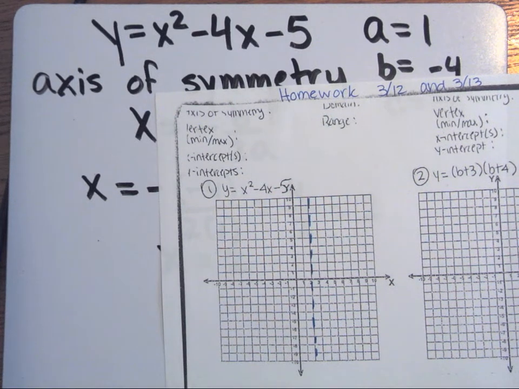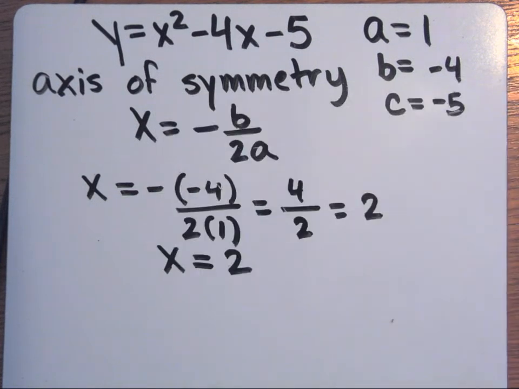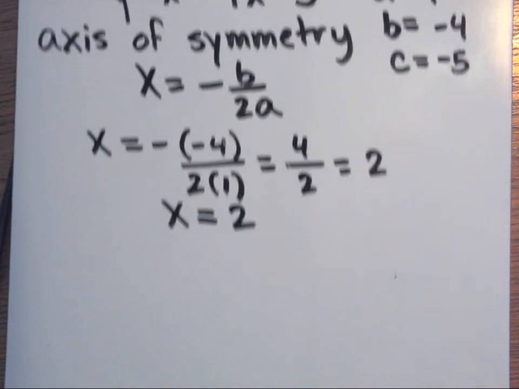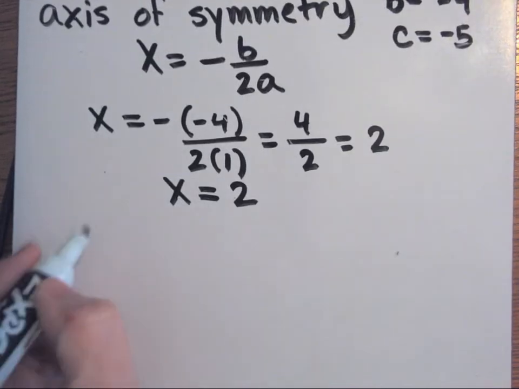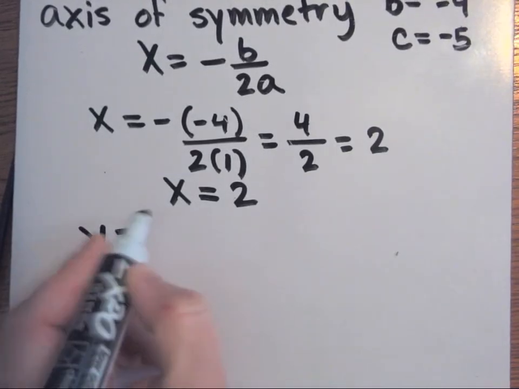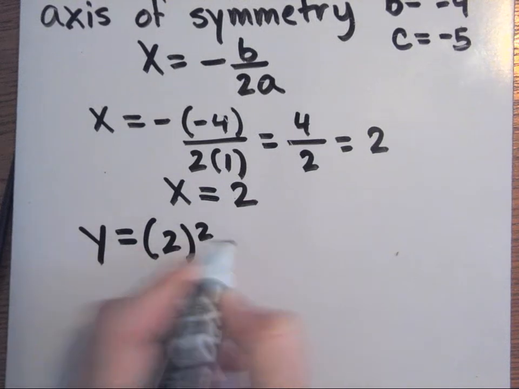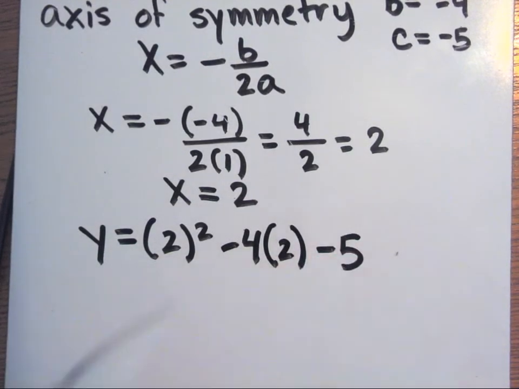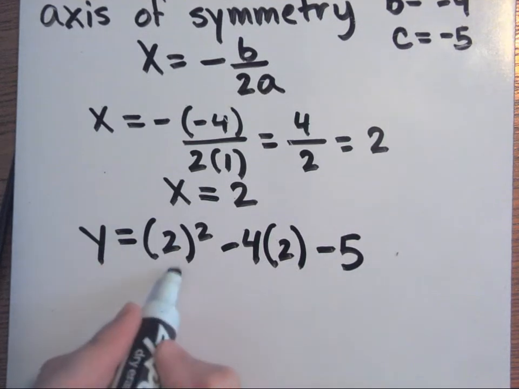Okay. The next step is to use your axis of symmetry to find your vertex, because your vertex always falls on the axis of symmetry. So what I'm going to do is take my x value, plug it into my equation, and simplify. So anywhere there was an x, I'm putting that 2 value, and then I will simplify.